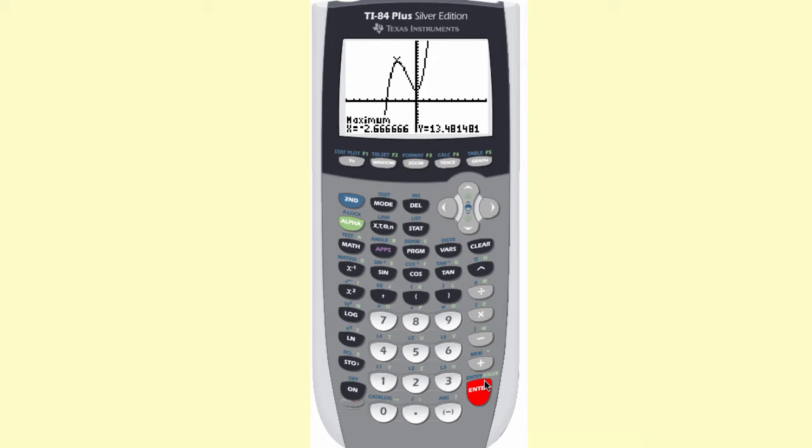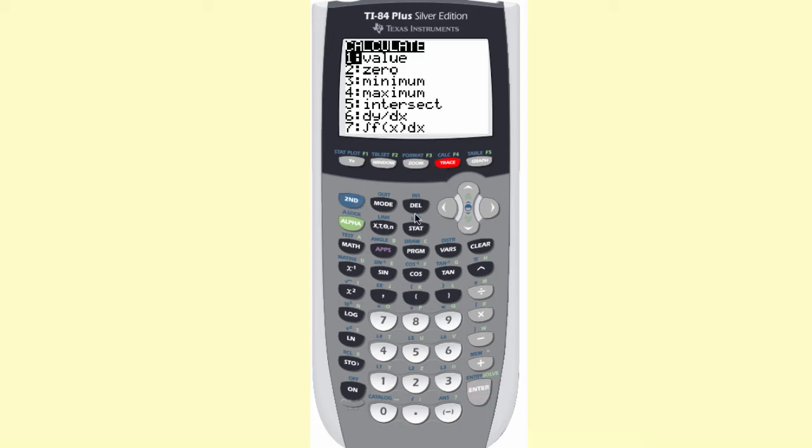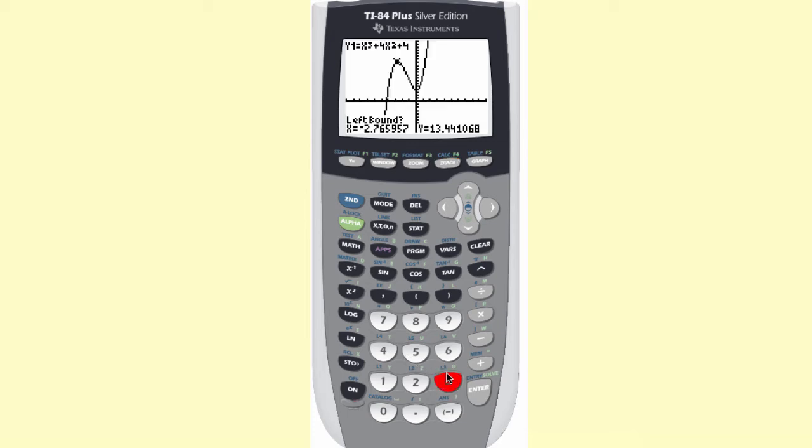And the x value, which is the value I'm interested in for the interval, looks like it's -2 2/3. Because of the 0.6 repeating, I'm just going to say it's 2/3. Now if I want to find the minimum, it's the same process. This time I'll choose minimum. And then I'm going to move over towards that minimum.